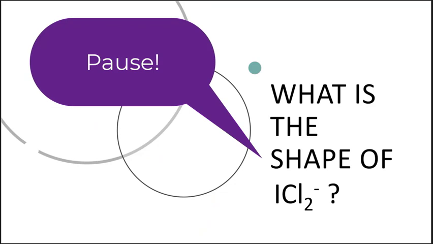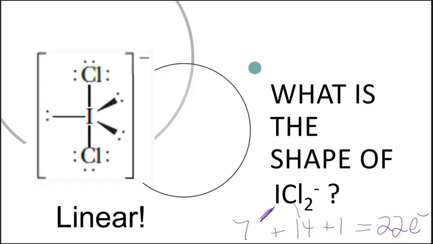Try building ICl2-. I would have 7 electrons from iodine, 7 from chlorine times 2, that would be 14. It's a -1 charge, so add an extra electron. I need to account for 22 electrons. Off of my iodine, if I put 2 chlorines, and I surrounded those chlorines with lone pairs, so 2, 4, 6, 8, 10, 12, 14, 16.